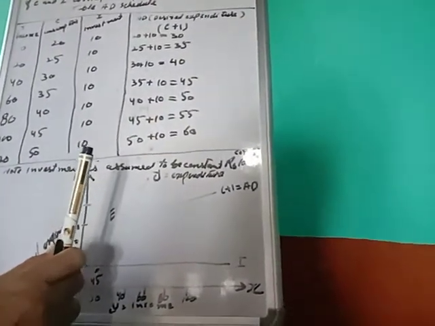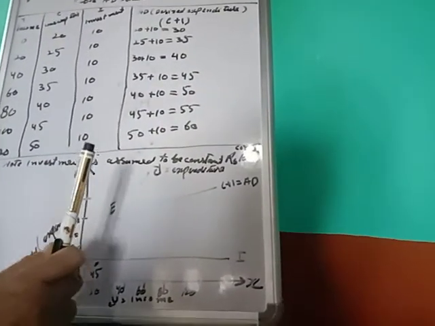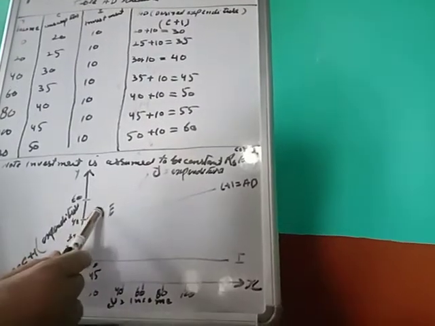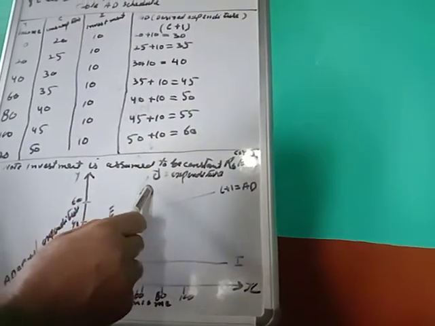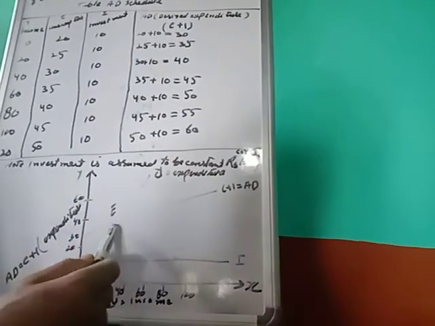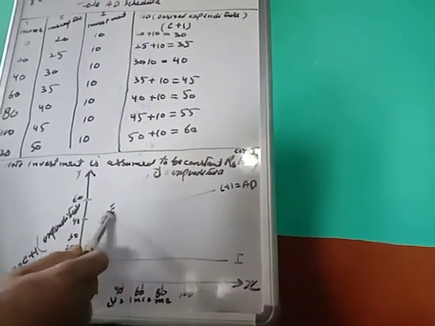In this diagram, E is the point where AD is equal to Y. Where the Y line and the C plus I line intersect, that is E, the point of equilibrium.